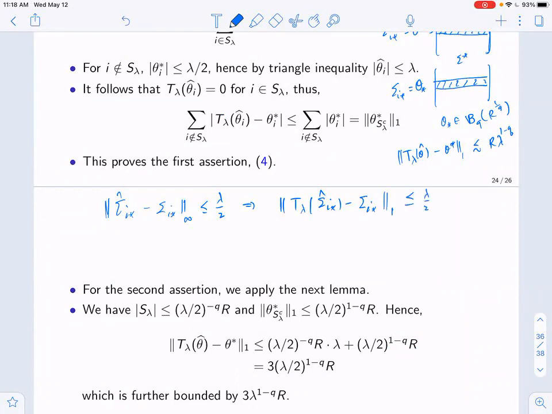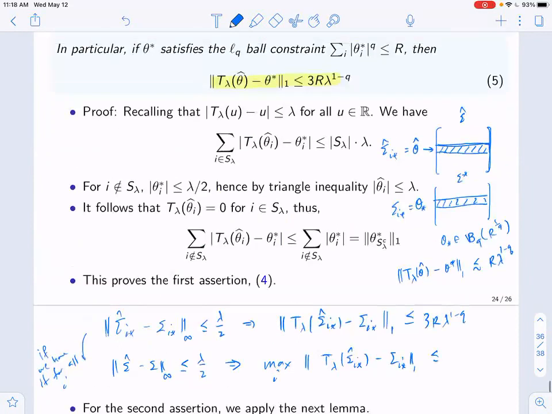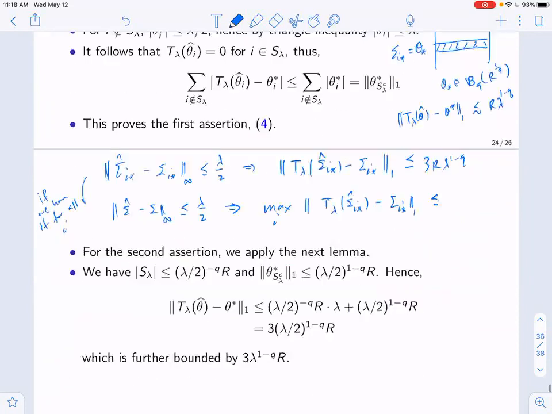And if we have it for all i, then sigma hat minus sigma in infinity norm is less than lambda over 2, which implies that the maximum of these guys is bounded by, sorry, not lambda over 2, but let's say 3 R to the 1 minus q times lambda to the 1 minus q.